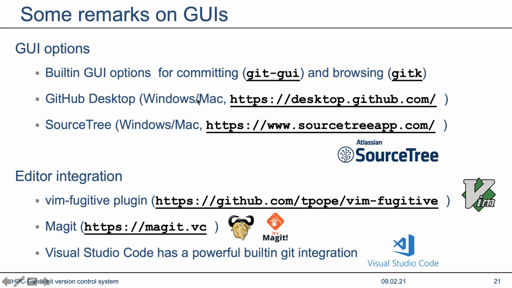There's now a new option, GitHub Desktop, unfortunately only available for Windows and Mac. And people say that it's also very good. So you might try that. If you're an Emacs guy, there is Magit. Georg said it's complicated, but I don't know. If it's complicated, it fits with Emacs.